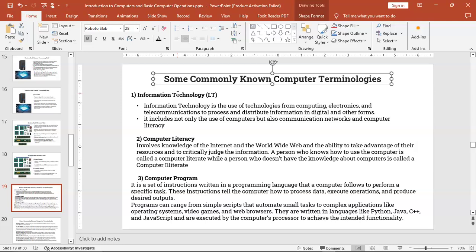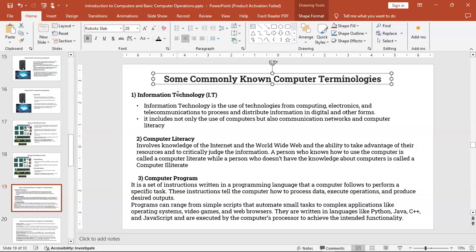Anything digital or electronic that we use to process information, that we use to distribute information using communication networks, all that forms what we call information technology. So it is the use of all these different components, electronic devices, computers, telecommunications, to process and distribute information in a digital form.